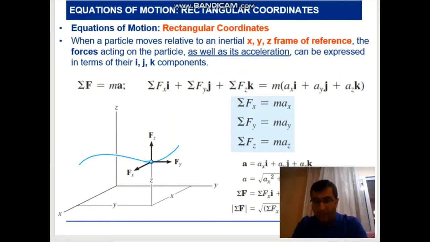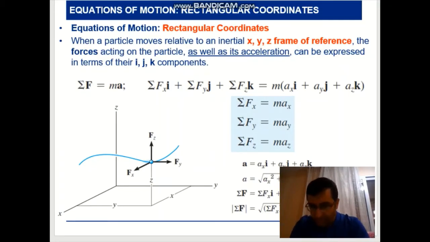So we know that an x direction component cannot mix with any other component. So total Fx is going to be equal to m multiplied by ax. Total Fy is going to be equal to m multiplied by ay, and total Fz is equal to mass multiplied by the z direction acceleration.